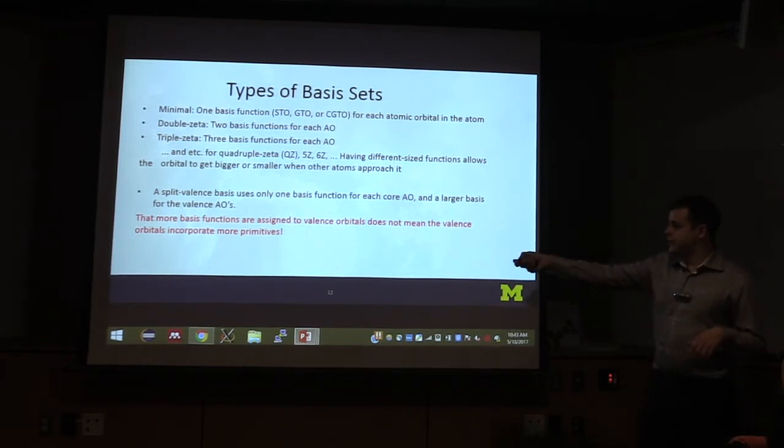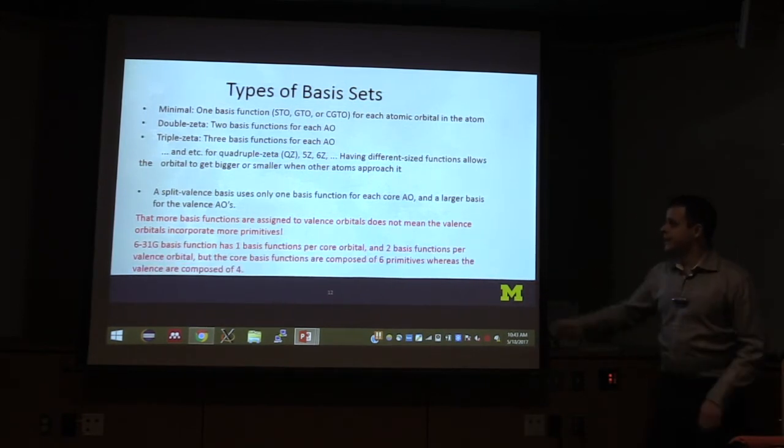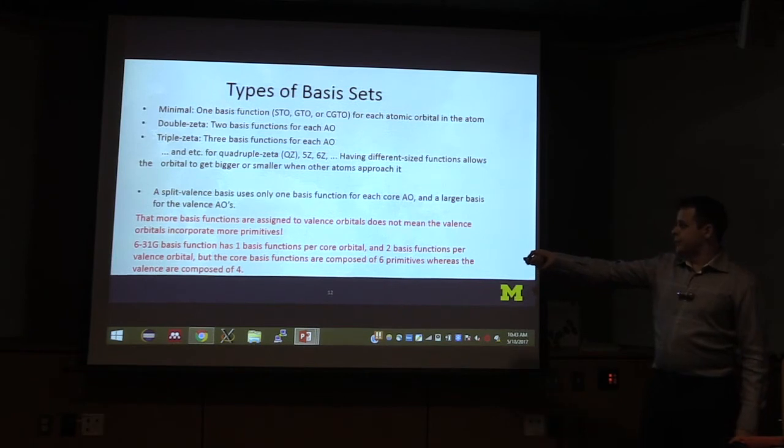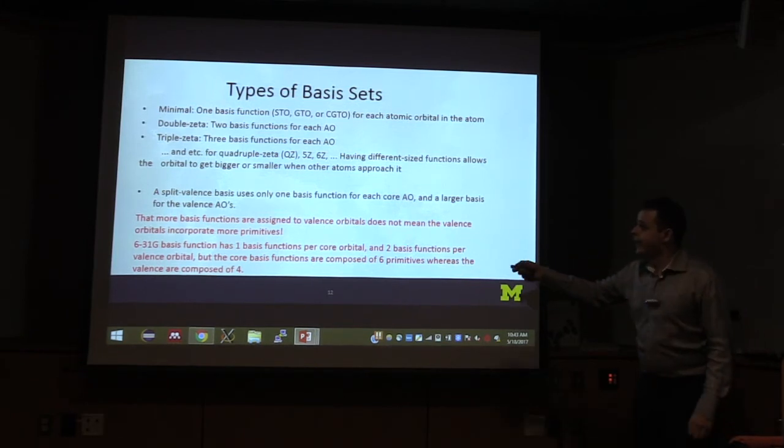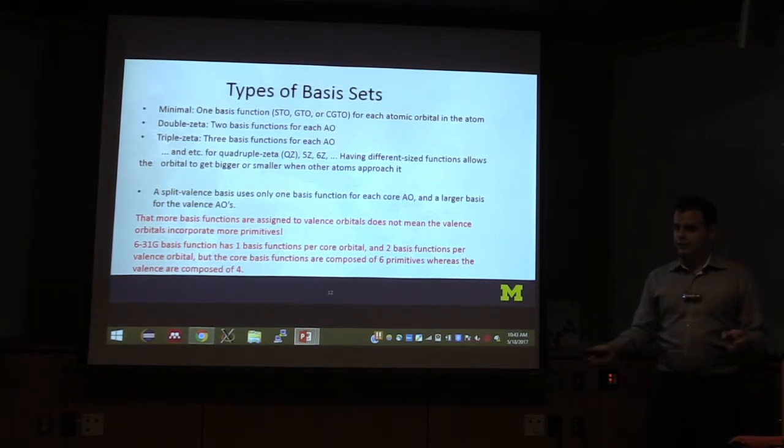That might be a little bit of a tongue twister, but this is a good example. In the 6-31G basis set, there's one basis function per core orbital and 2 basis functions per valence orbital, but the core orbitals are composed of 6 contractions, and the valence orbitals are composed of 4. So we need to differentiate orbitals and contractions.